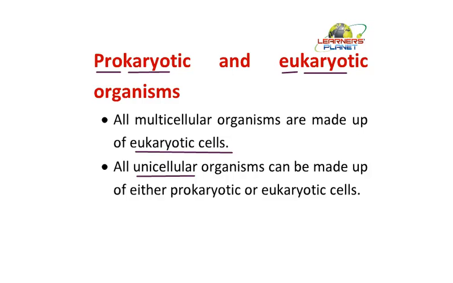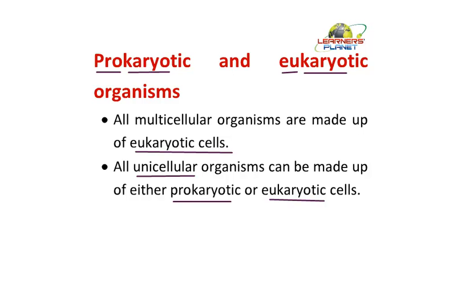Besides, all unicellular organisms are either made up of prokaryotic cells or eukaryotic cells. So, there are different categories among the unicellular organisms on the basis of the structure and complexity of the nucleus. If a prokaryotic cell is forming a unicellular organism, then the nucleus is going to be undeveloped. An example is bacteria.